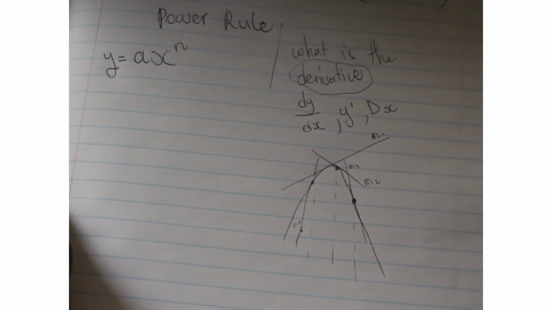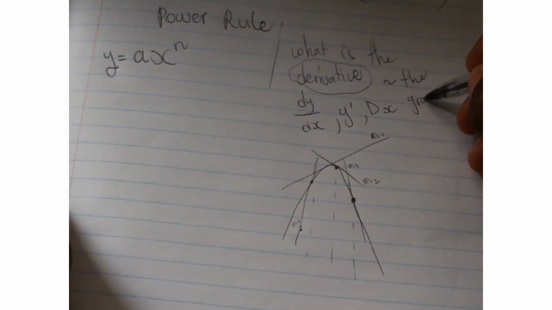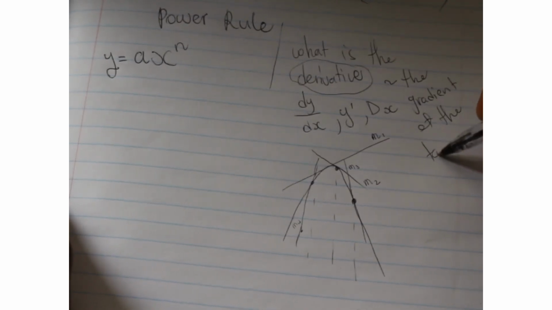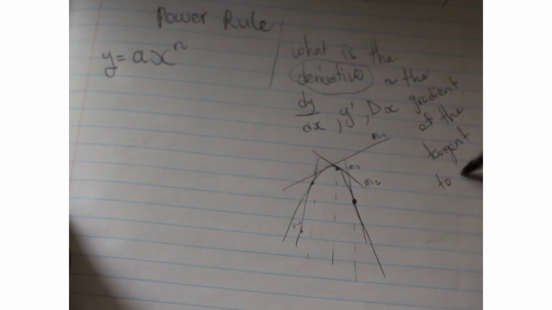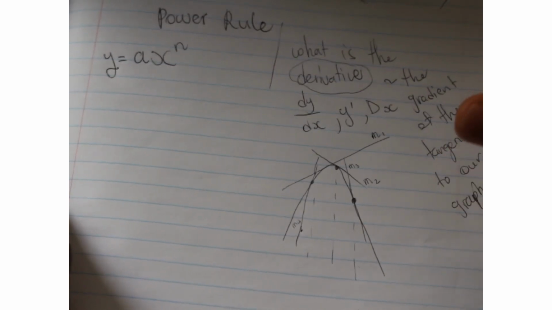To sum it up, the derivative is the gradient of the tangent to our graph. If they ask you to find the gradient of the tangent, you must know that it is your derivative.